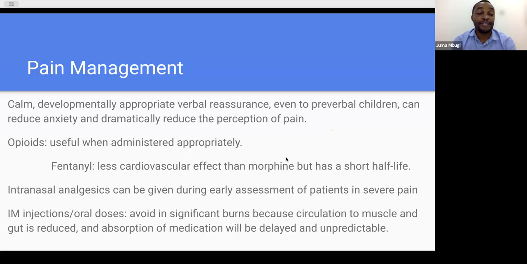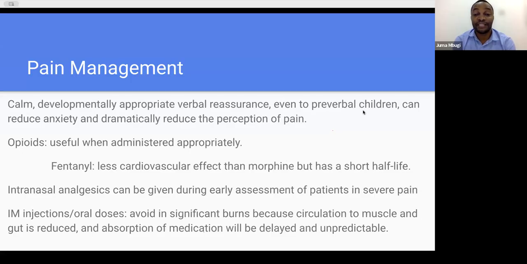But in this setting, it's good to use fentanyl because it has less cardiovascular effect than morphine. Morphine has a long half-life, but it has cardiovascular effect. And when you're using opioids, try to maintain your circulation by giving IV fluids.